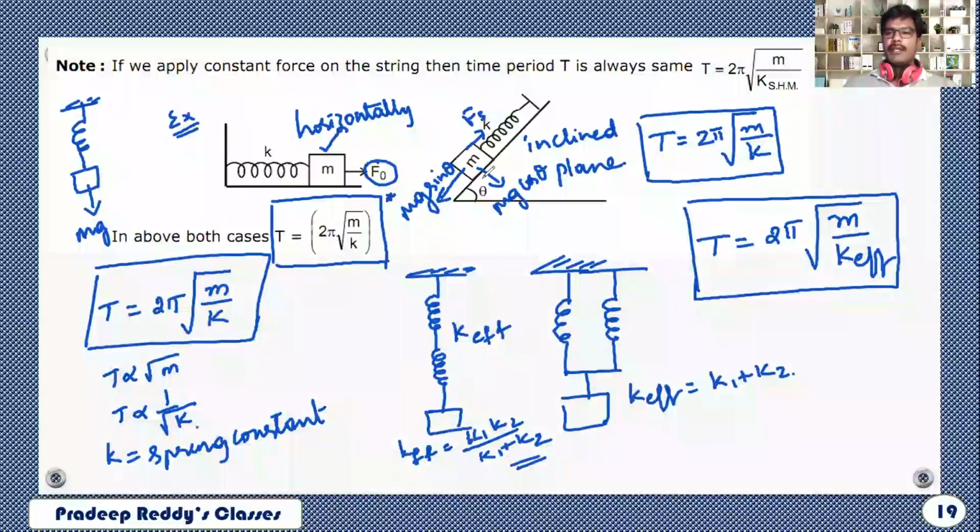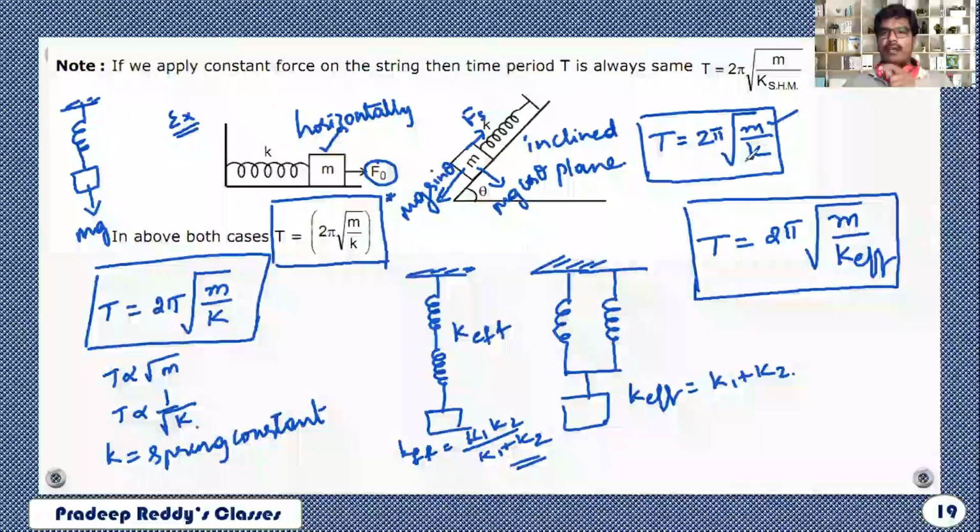It does not at all depend upon the gravitational force or the applied force. So time period only depends upon the mass of the object, whether it is oscillating vertically, horizontally, or in the inclined plane; the mass does not change.